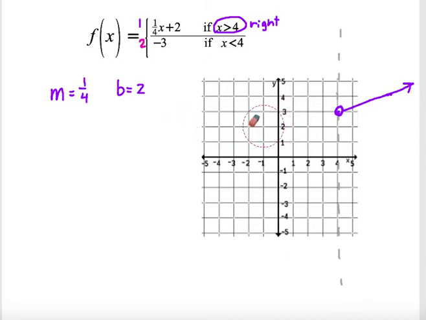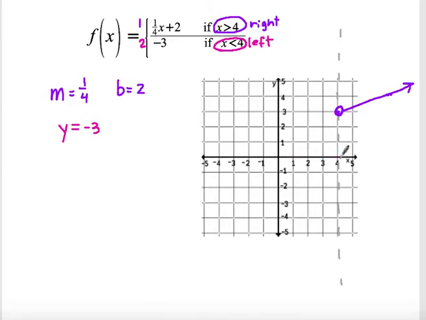Then I'm going to graph the second part of the function. The second part of the function is -3, so that's just the constant function y equals -3. Now this constant function is going to be to the left of 4.